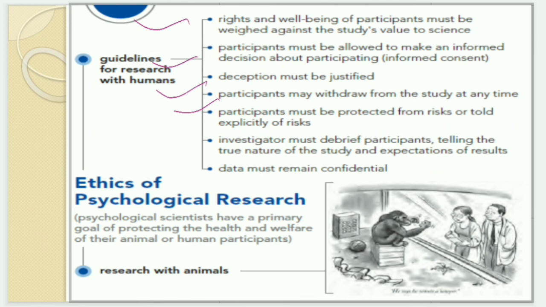Participants may withdraw from the study at any time. Participants must be protected from risk or told the expectancy of risk. Investigators must debrief participants, telling the true nature of the study and expectations of results. Data must remain confidential.